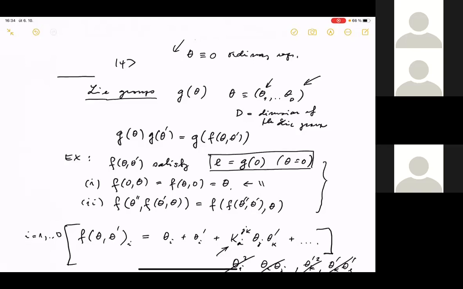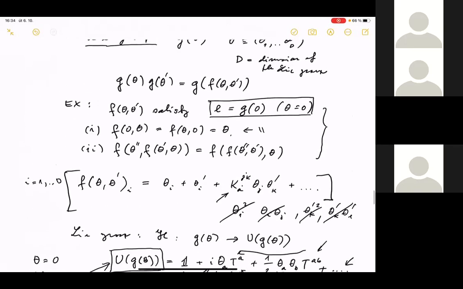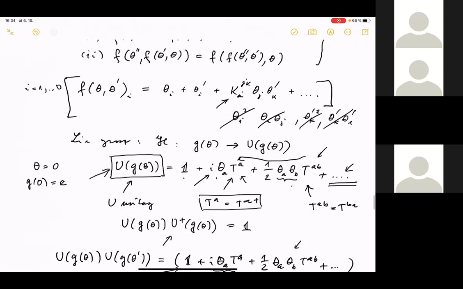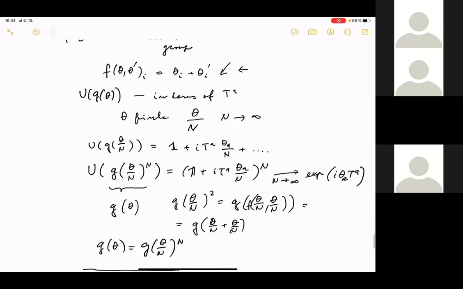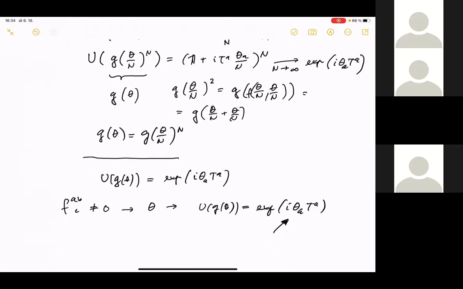And of course, all these functions f will be changed, all these K's will be changed, the definition of T_A will be changed. But in the end, with a clever definition of these parameters, we can even, in the case of a non-abelian group, achieve such an exponentialization of the unitary operators in terms of Hermitian generators.